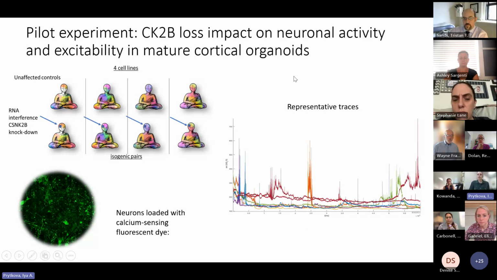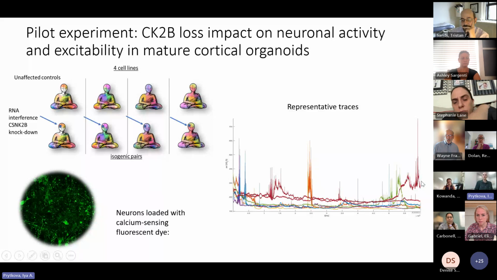So you can see that this is just one recording and several example ROIs from one little organoid. And this one in particular has been treated with CSNK2B knockdown, the interference condition. And we can see that there's quite a bit of spontaneous activity occurring in burst patterns.